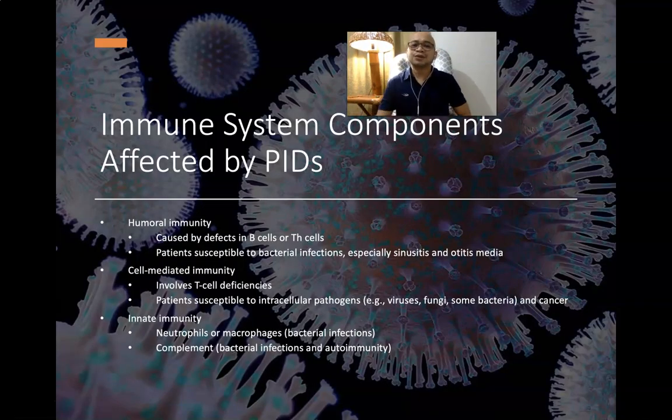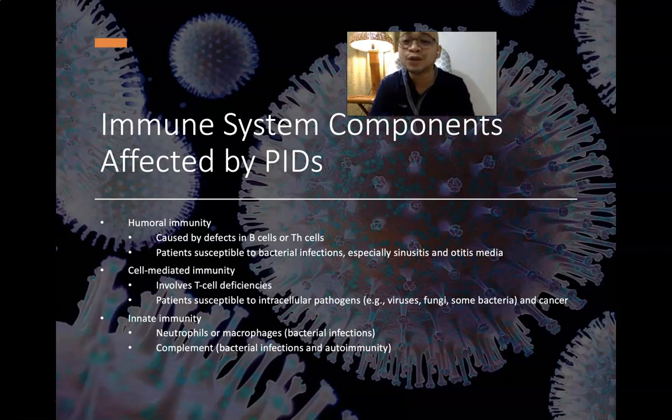Okay, so the immune system components affected by primary immunodeficiencies could be subcategorized into three: the humoral immunity, the cell-mediated immunity, and innate immunity. Obviously, when we say humoral immunity, it is primarily caused by defects in B cells or even in T helper cells.